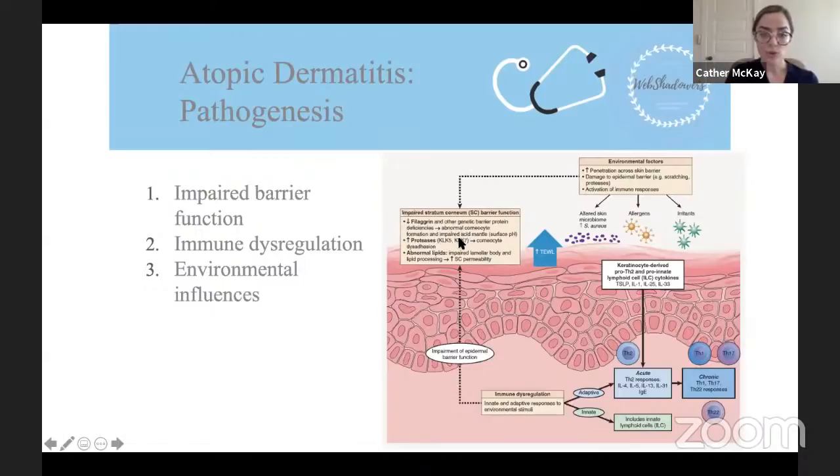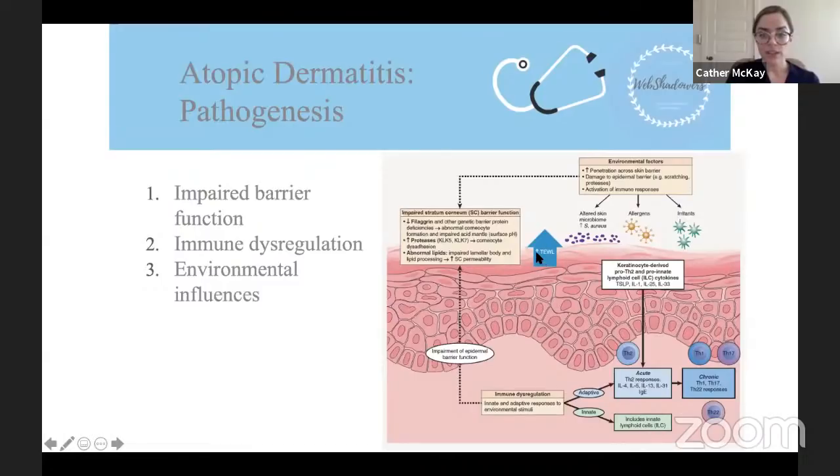It leads to abnormal adhesion of the corneocytes, so the stratum corneum formation is abnormal. There are more proteases, and there can be abnormal lipids. There are a lot of proteins and lipids involved in creating an intact stratum corneum, and when that is impaired, from a genetic predisposition or whatnot, you can get an impaired barrier function.